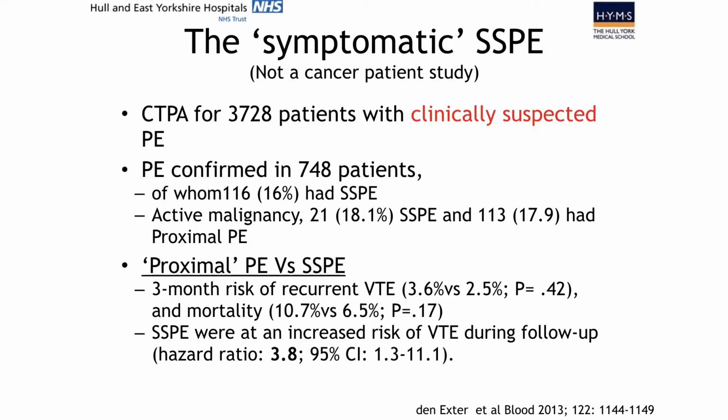Try to identify whether they really have symptoms or not. These were non-cancer patients, but there was a significant cohort of patients in there who had cancer. Okay? So these symptomatic patients had all the usual Wells scores and everything, and then they had their CTPAs, proper CTPAs. And he identified 16% of these patients, 116 cases, had an SSPE only.